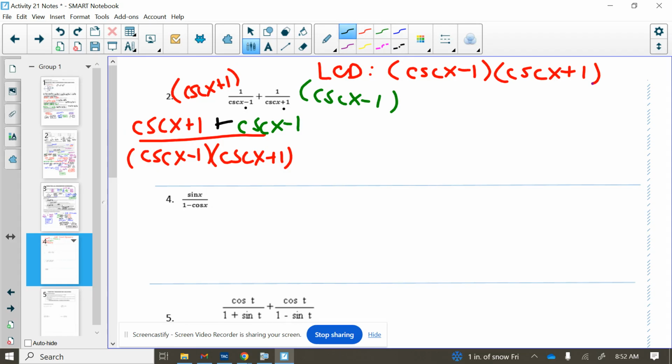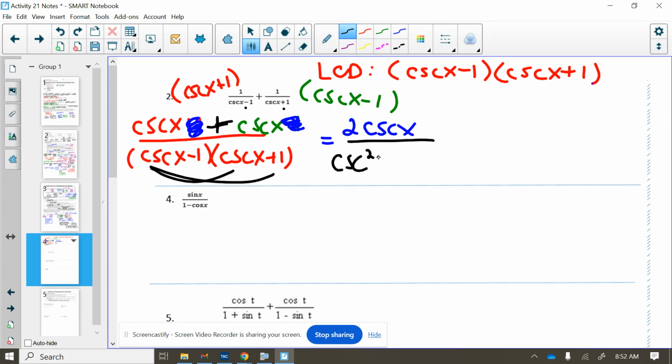We are able to write these as one singular fraction. And notice in the numerator, we have a plus 1, but minus 1. So those cancel out. And we're left with 2 cosecant of x. And then the denominator, if we expand this out, cosecant times cosecant is cosecant squared. Cosecant times 1 is cosecant.